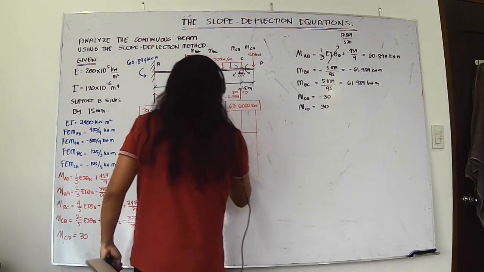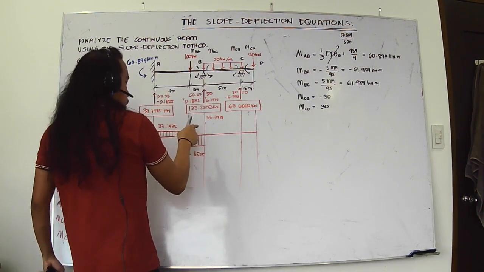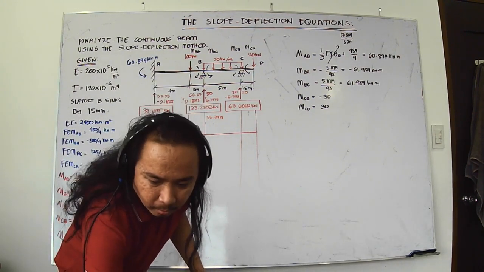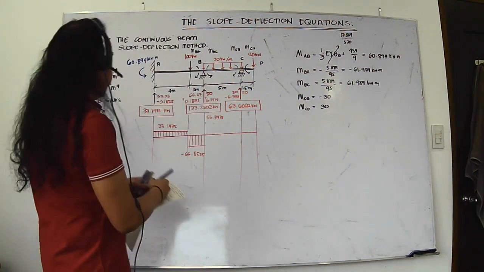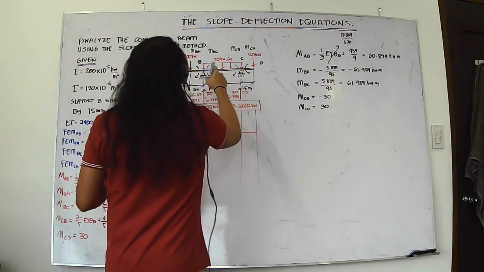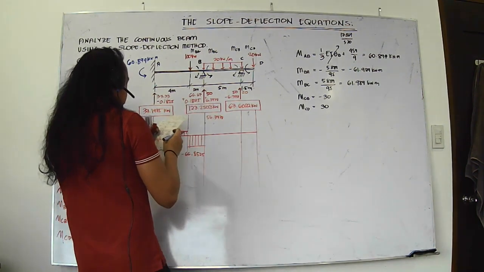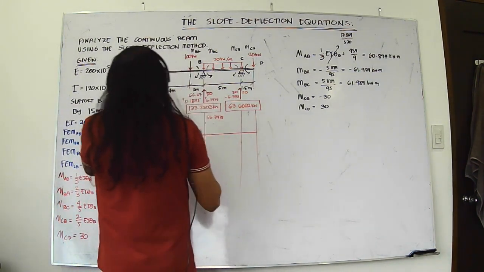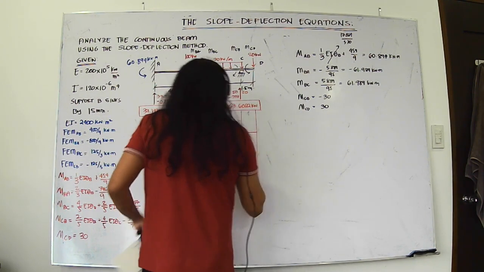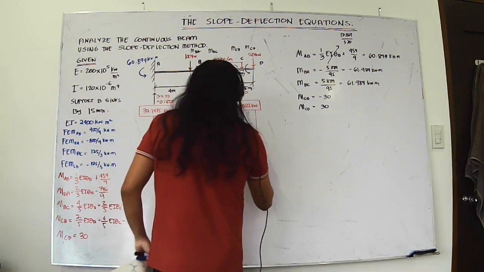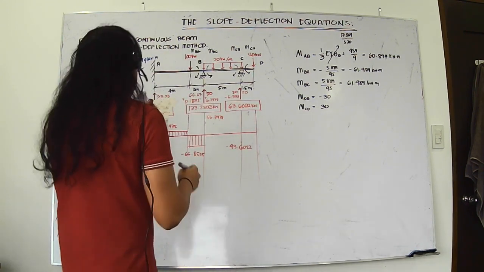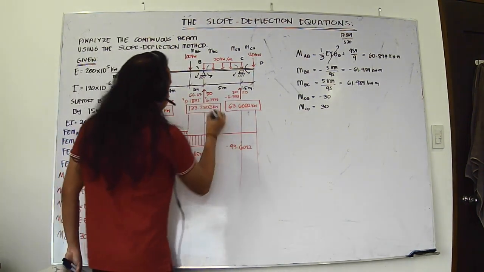Then 56.3978 minus 20 times 5 should be equal to negative 43.6022. It should be a straight line.